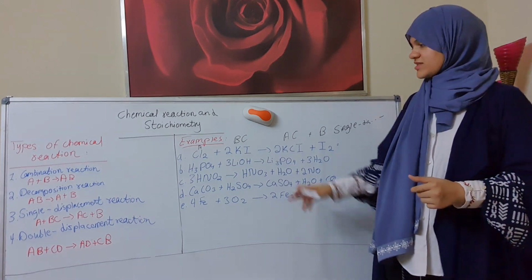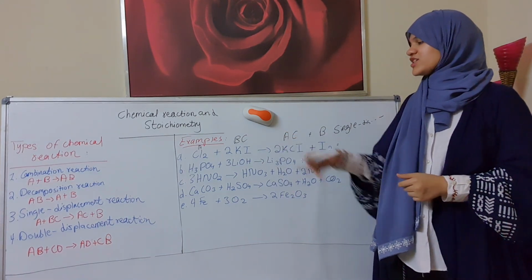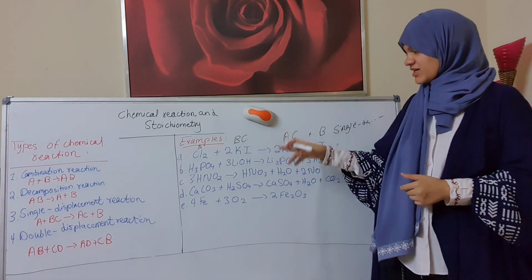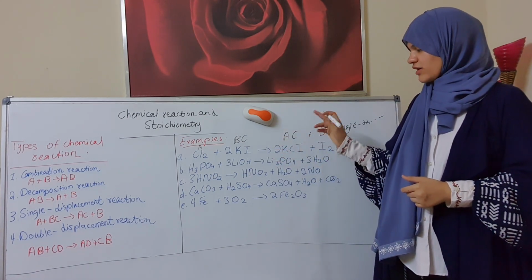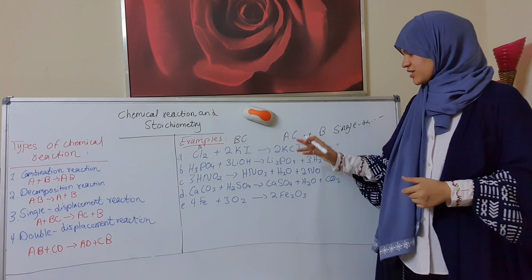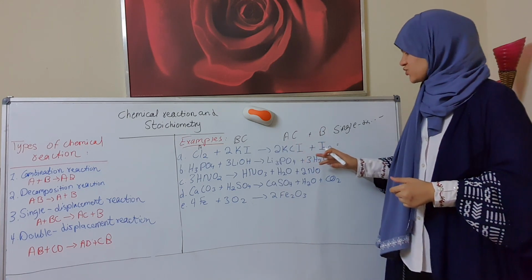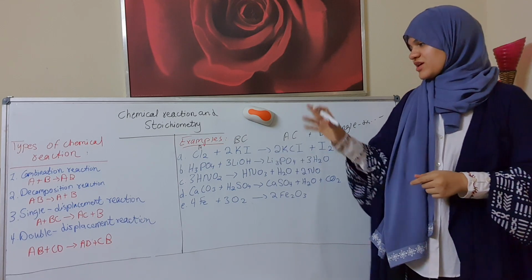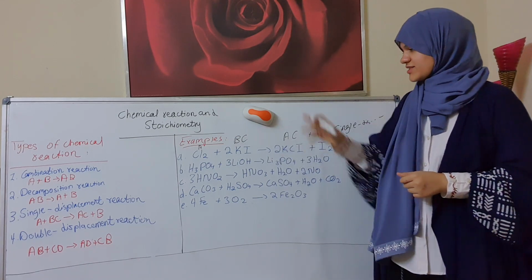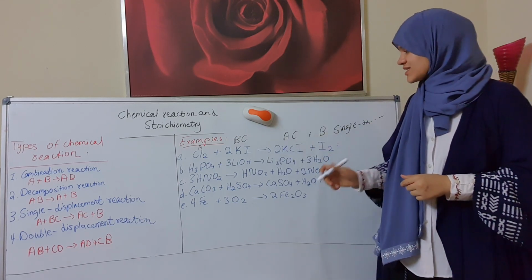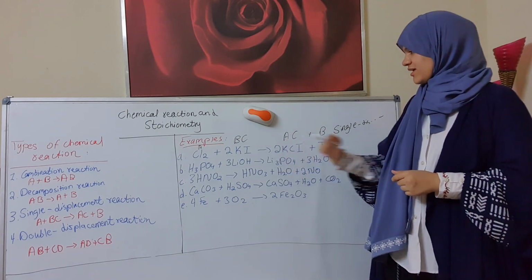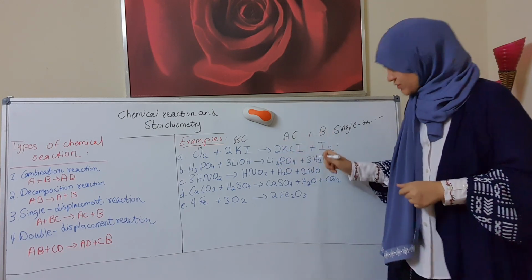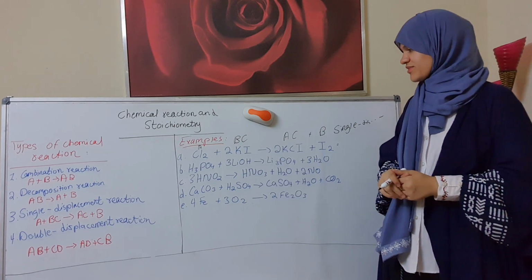Now, the second example: H3PO4 plus 3LiOH will give us Li3PO4 plus 3H2O. Here we have AB plus CD giving us AD plus CB.